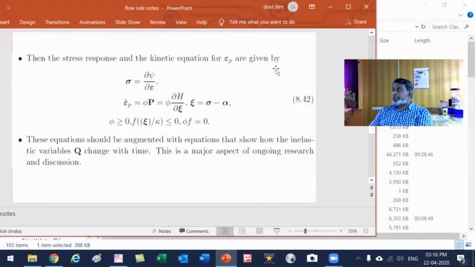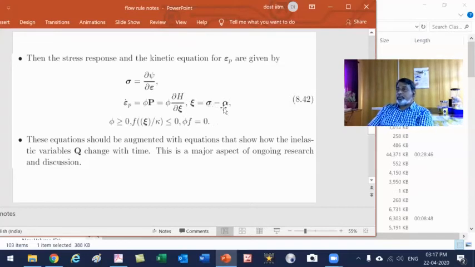Then the stress response can be written very simply as the derivative of the strain energy with respect to epsilon, the flow direction as along the derivative of the plastic potential with respect to the reduced stress, sigma minus alpha, and the Kuhn-Tucker condition.